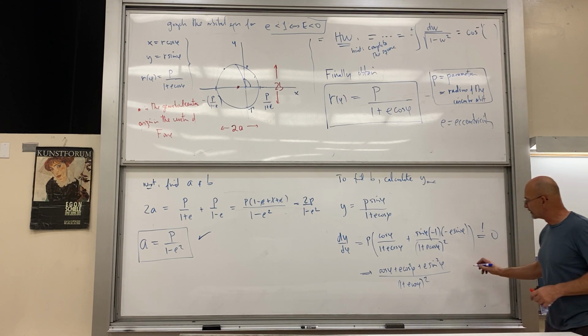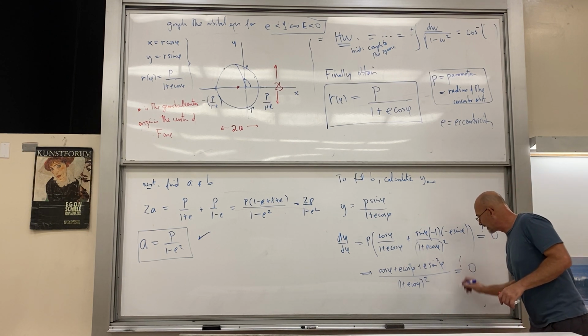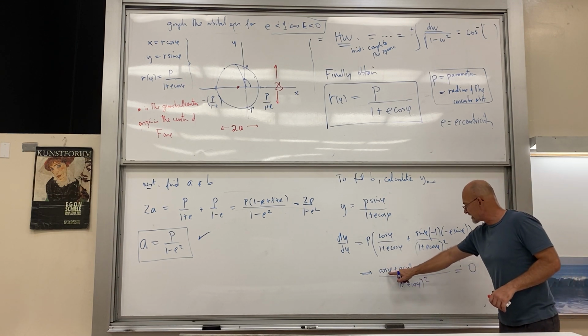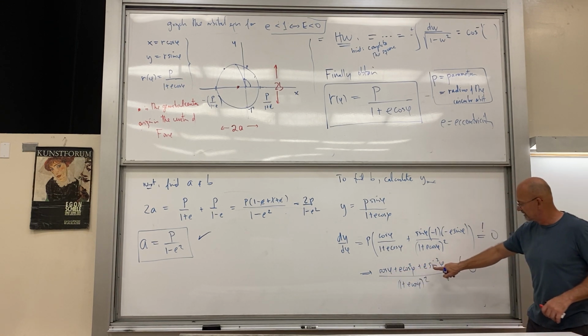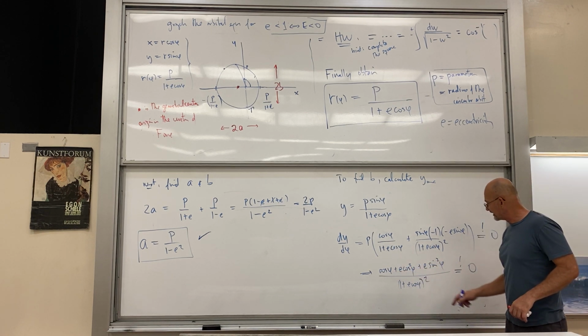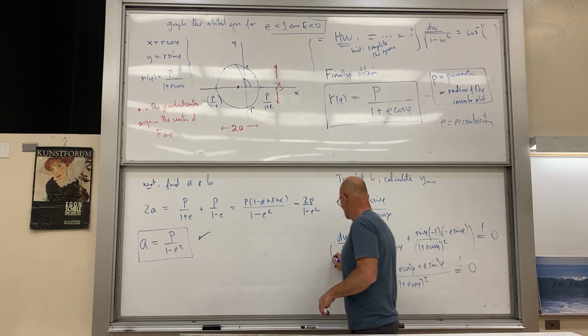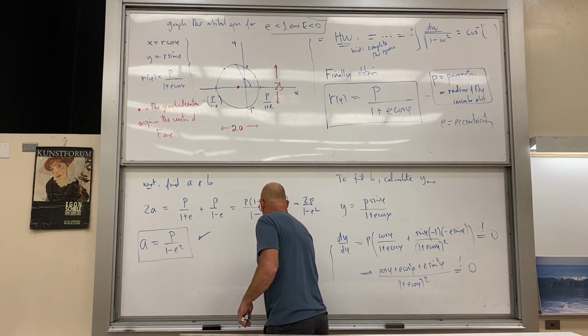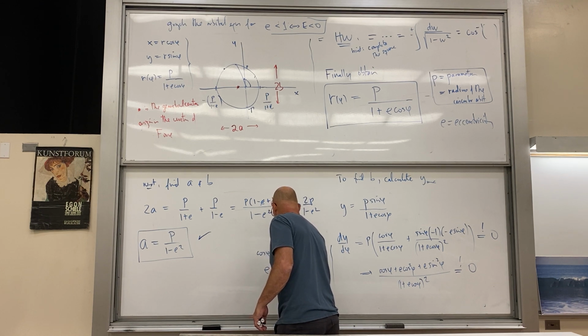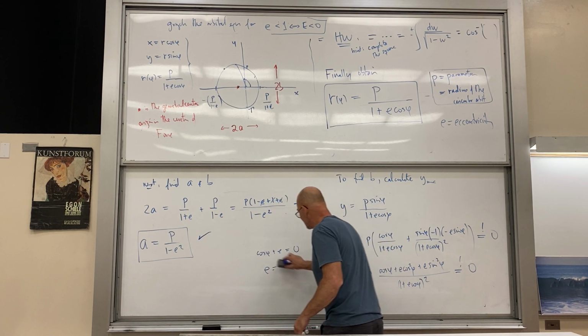So that's a derivative, so this is supposed to be equal to 0. And this is nice, we're going to have cos phi plus e, because cosine squared plus sine squared is 1. So cos phi plus e is equal to 0. Cos phi plus e is equal to 0. So cos phi is equal to minus e.